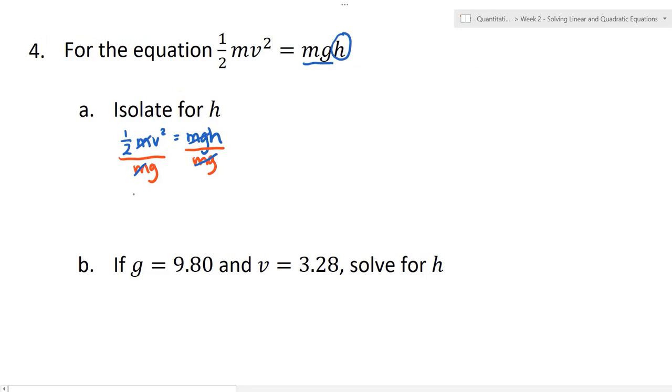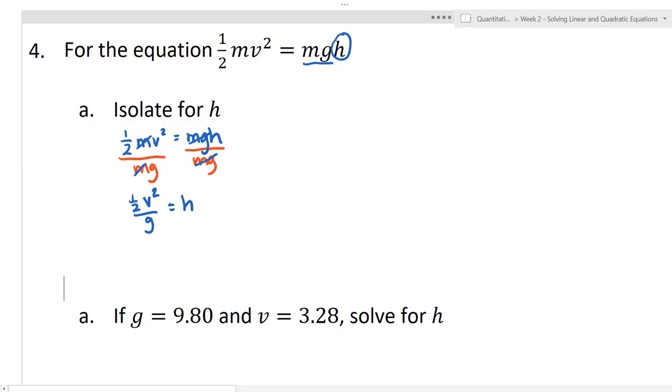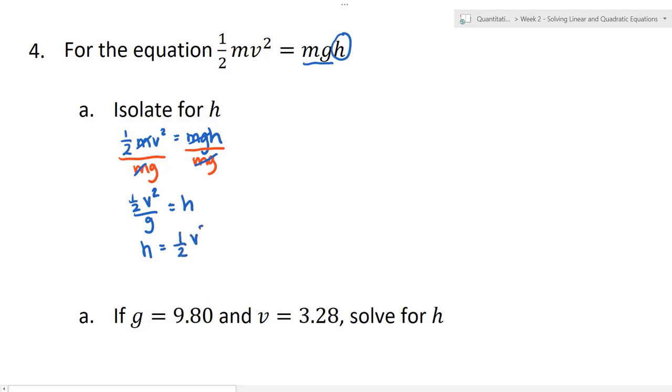We have 1/2 v squared over g is equal to h. So normally when you're isolating for a variable, you want that variable to be on the left side. So I'm just going to rewrite it as h is equal to 1/2 v squared divided by g. I'm going to write divided by g this way, and you'll see why. It's going to make it look a little bit more simple.